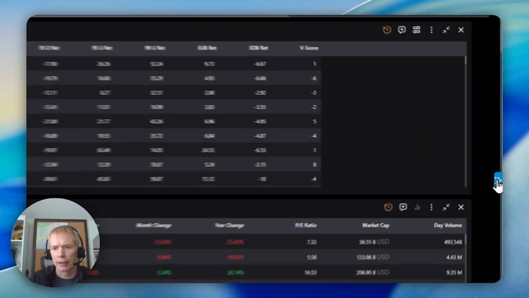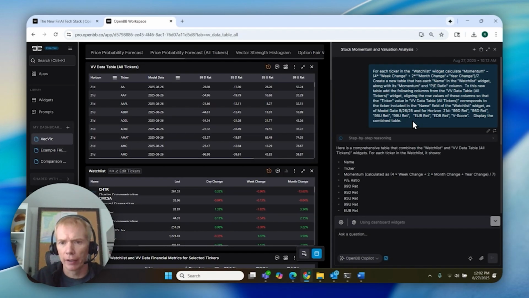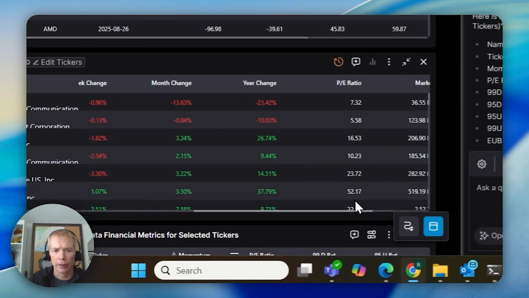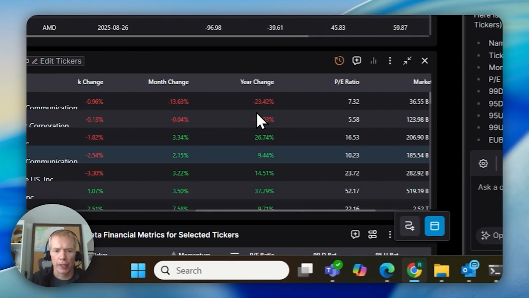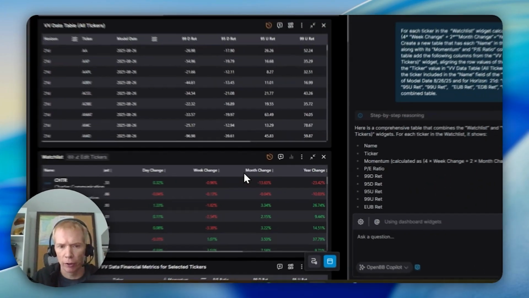And what I did was I set a prompt for the OpenBB AI Copilot, asking it to draw the tickers from the data table that match those in the watch list, and pull in their price probability percentiles and V score, and create a new table of that alongside P ratio and also a composite price change value that I call momentum.